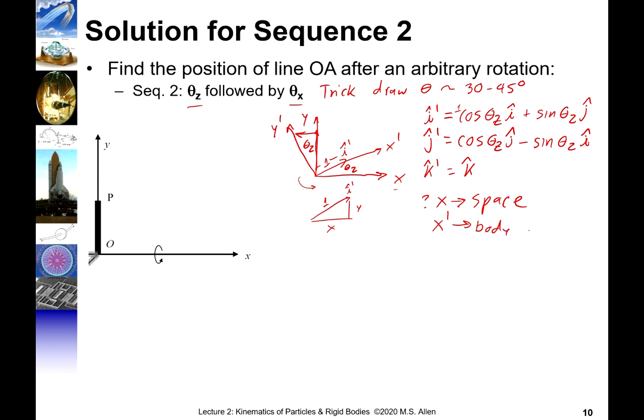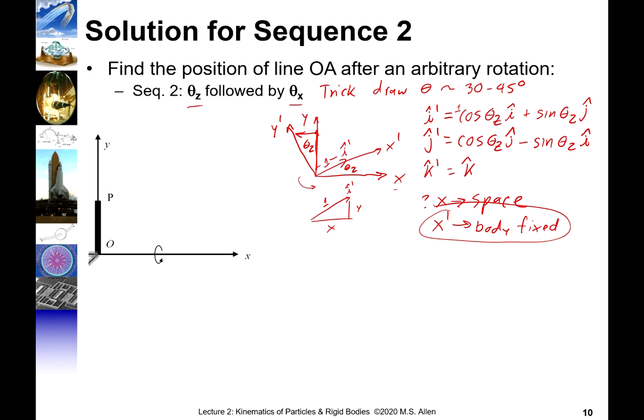That's what we call a body-fixed rotation. So it could be either of those. We're going to do the second case here. We'll do the body-fixed case. The example I did earlier was for a space-fixed case.